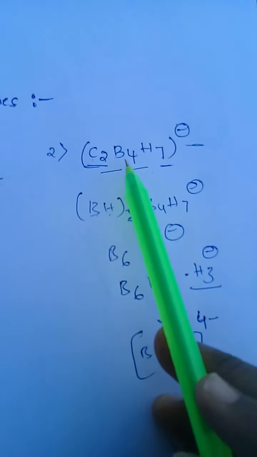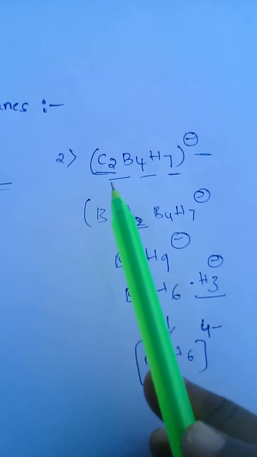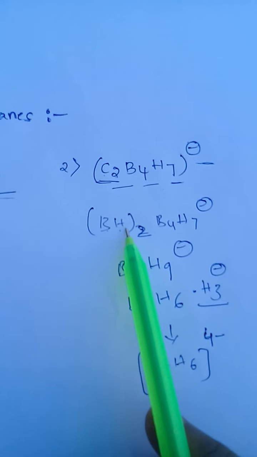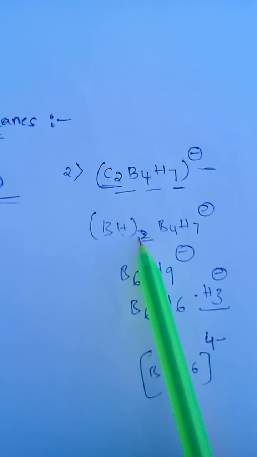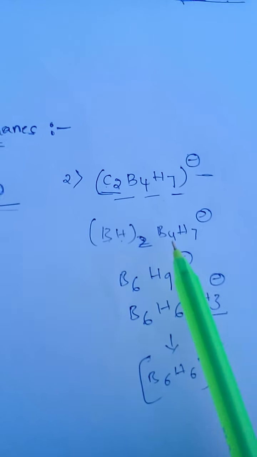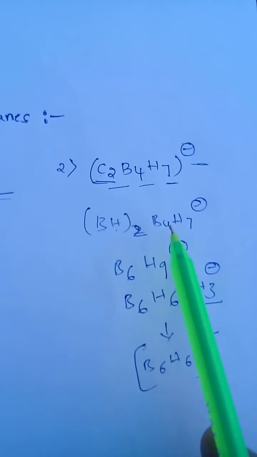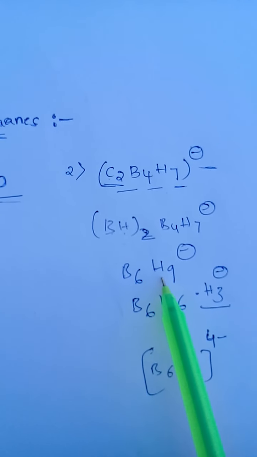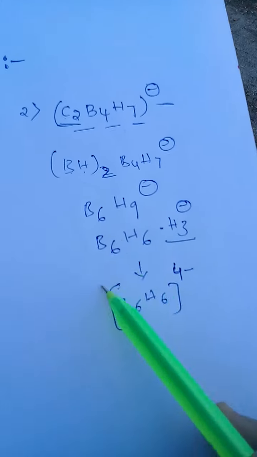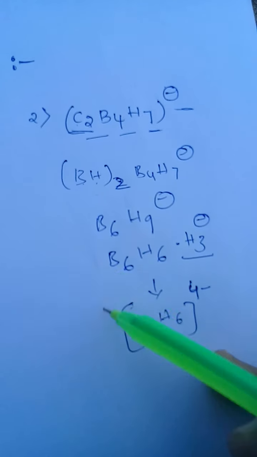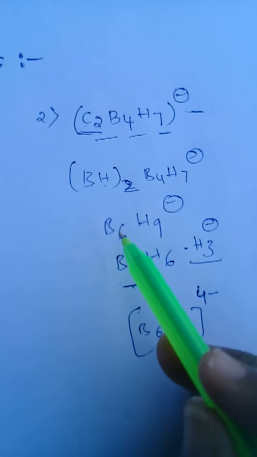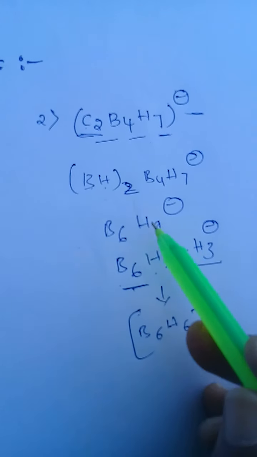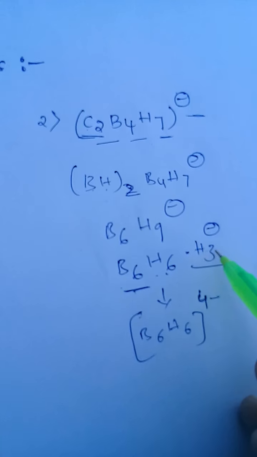For C2B4H7 minus, in the place of carbon we take BH, and twice carbons are present, so twice BH. In the next step we add total borons and total hydrogens, and then we write hydrogens equal to borons. So here 6 borons are present, so B6H6, the remaining hydrogens are 3.